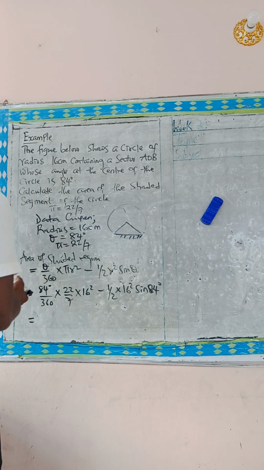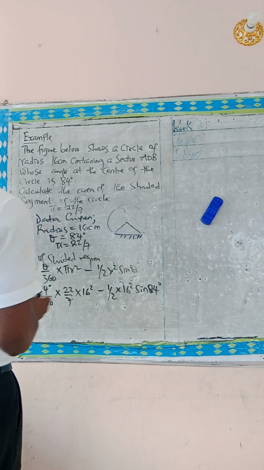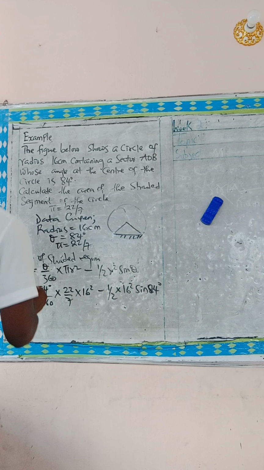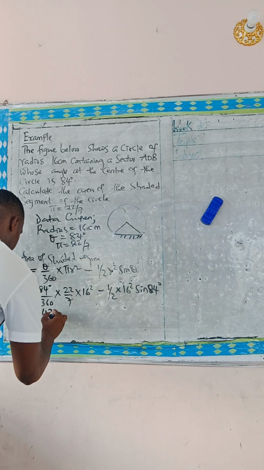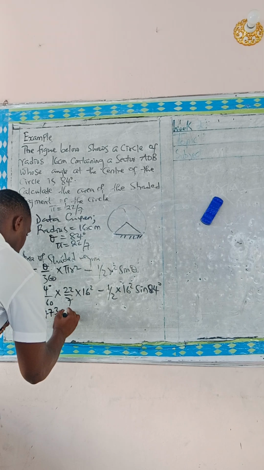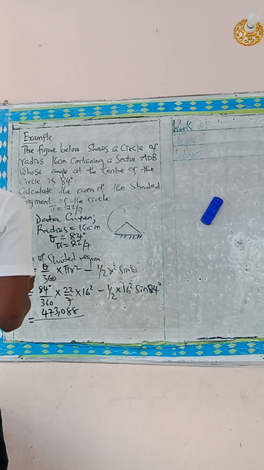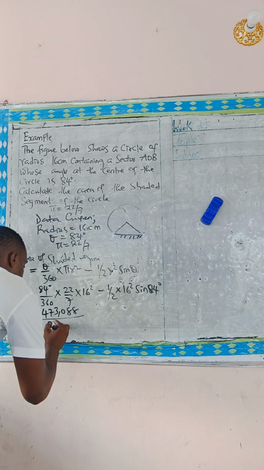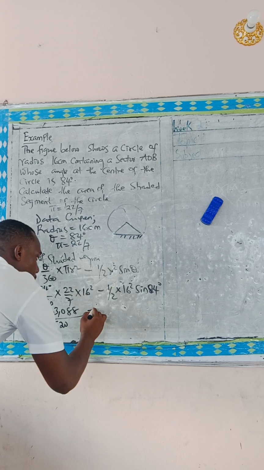So we can punch our calculator to get the values. I'll just solve everything. 16 square gives us 256, times 84 times 22, which gives us 473,088, all over 360 times 7, which gives us 2,520.